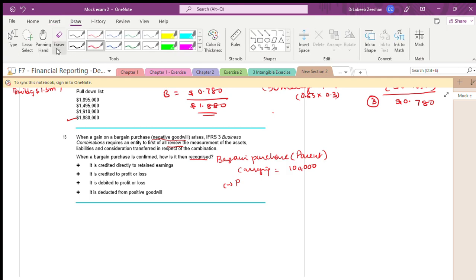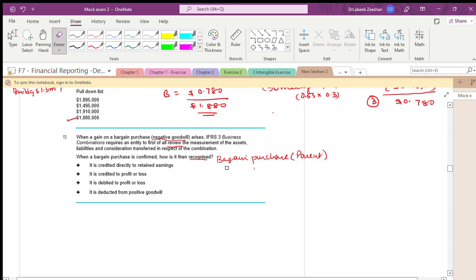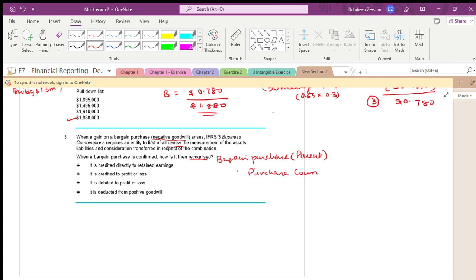Okay, one minute. See, purchase consideration is how much? Purchase consideration is 70,000. Now we put all the assets of NCI, all the things.